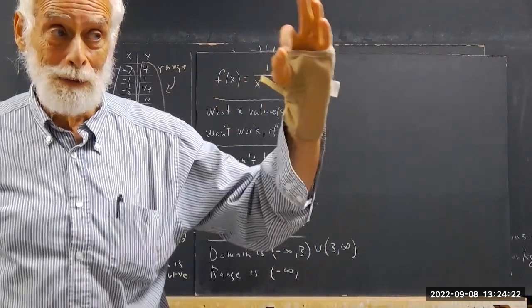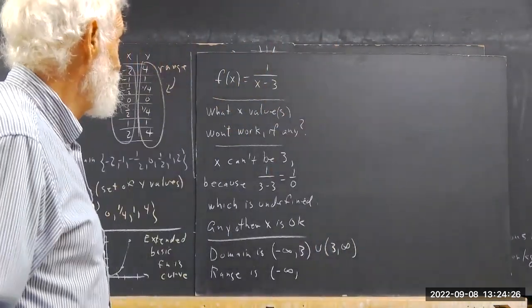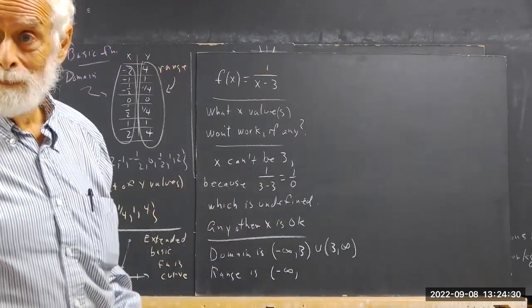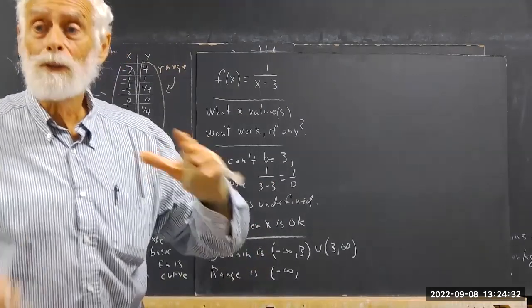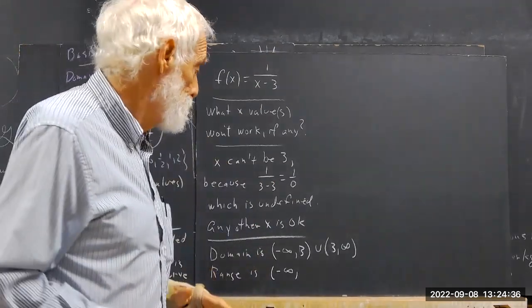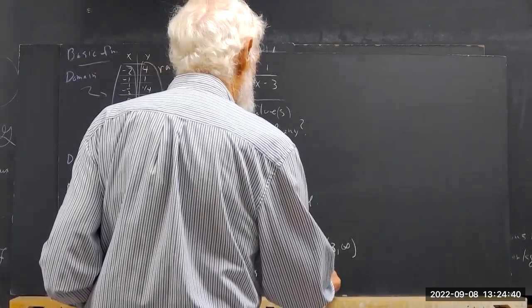But you can't get 0. There's no number that divides into 1 and gives you 0. Every number goes in at least a fractional number of times. So the range is negative infinity to 0, union 0 to infinity.